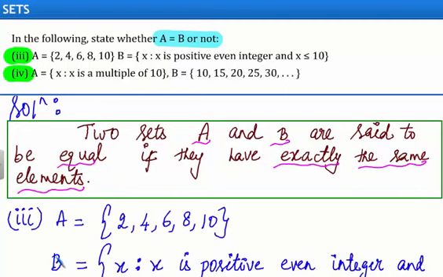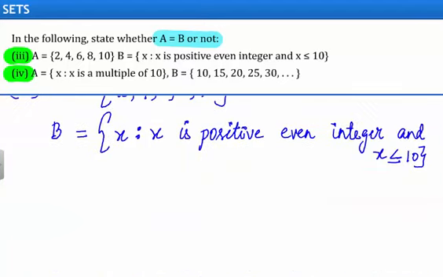In the first part of the problem, we are given two sets. A is a set which is equal to {2, 4, 6, 8, 10}, and B is a set which is equal to the set of x such that x is a positive even integer and x is less than or equal to 10.